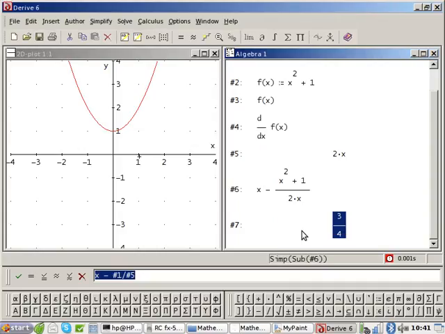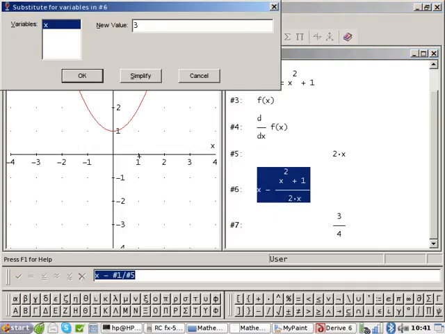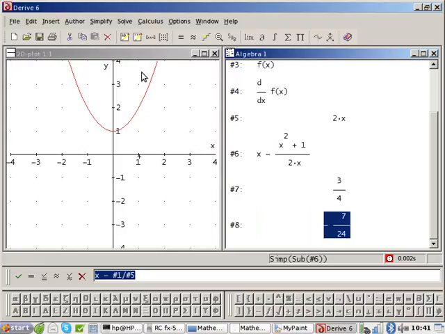And I get this: 3/4. Okay, so let me put in 3/4. And I get this: minus 7/24. So let me just write a formula to do this automatically.